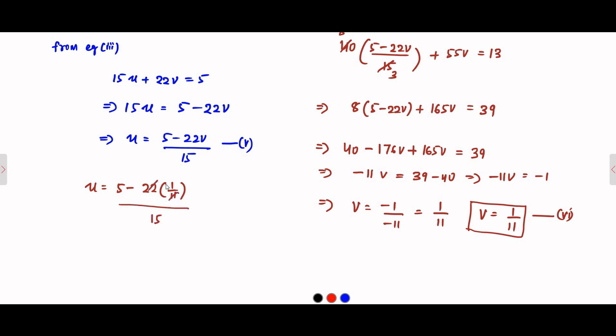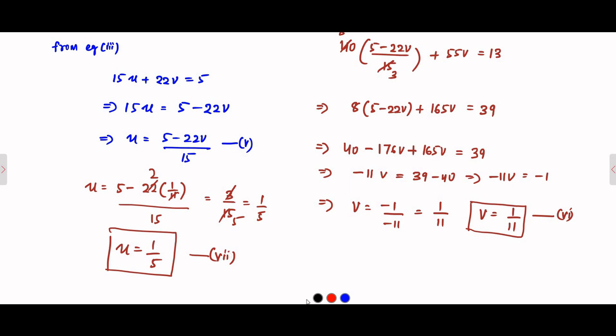So 22 by 11 is 2, so it is equal to 3 by 15, which is equal to 1 by 5, after cancelling. So u is equal to 1 by 5. This is equation 7. Now we have got u and we have got v.